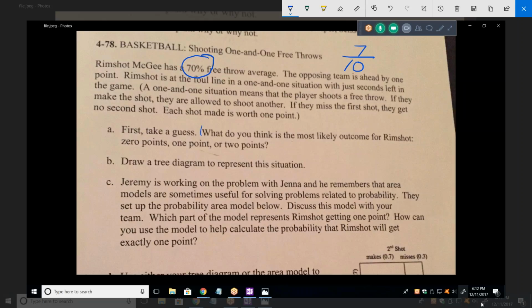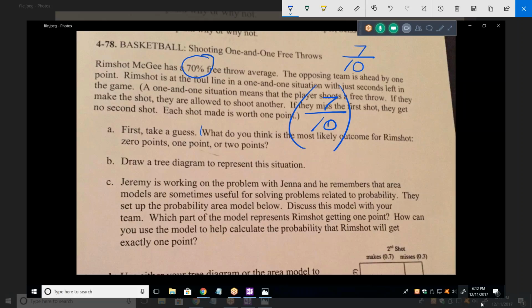Well, what's the odds of her making the first shot? Probably good because it's over 50%. 7/10. Let's put a number on it. That is the probability she makes the first shot. Now, if she makes the first shot, she gets a second shot.